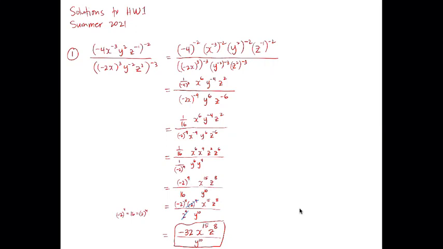Let's look at now the next problem. We want to factor the following expression: y to the 4 minus 14y squared minus 32.